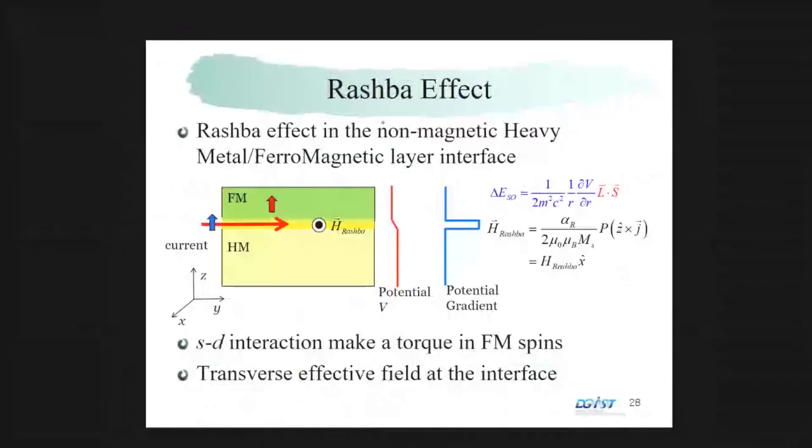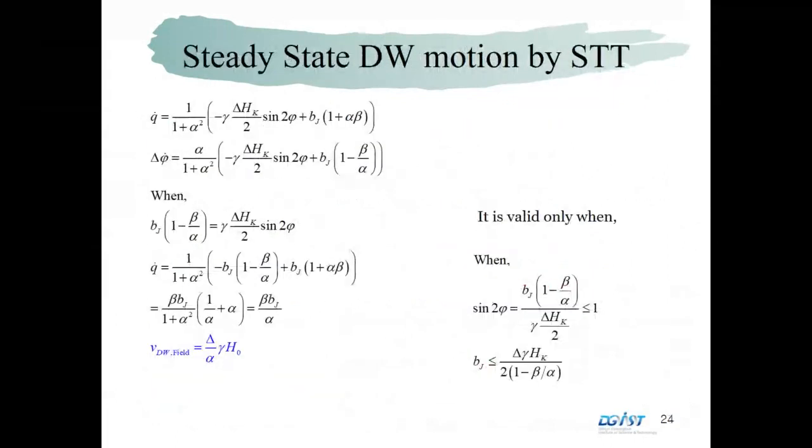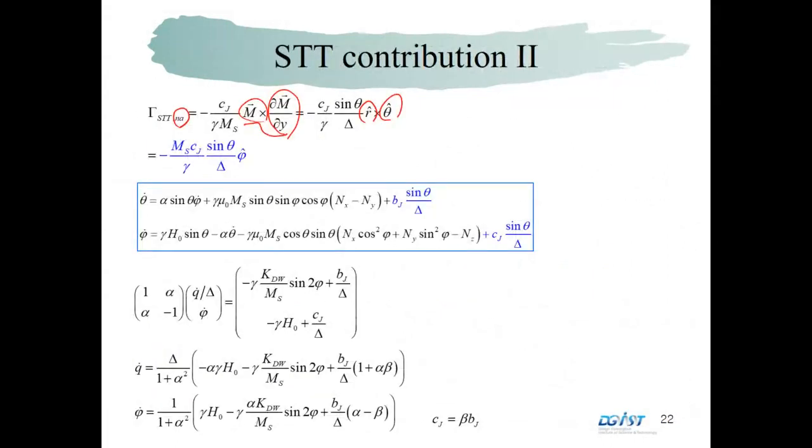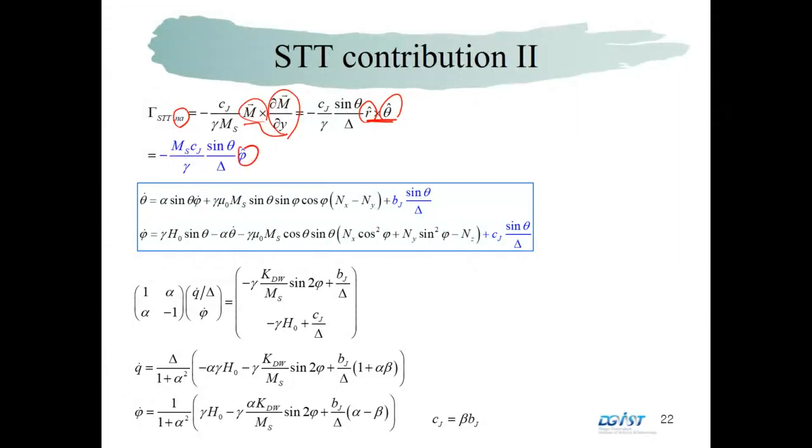And the cross product of r cross zeta gives us phi. So finally, we can obtain the torque equation for the spin torque in this form. Yeah, this term is what we previously had.